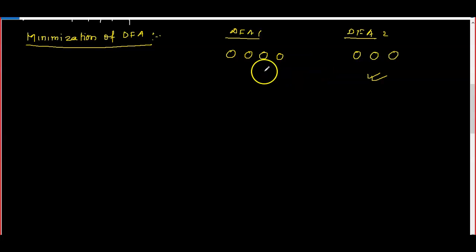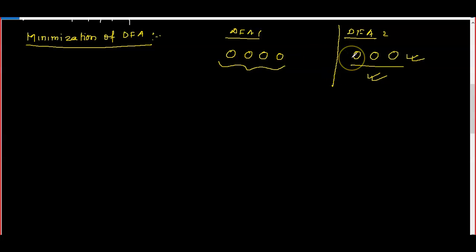Here you have used 4 states, which means this is correct and this is also correct, but this has only 3 states, so this DFA will be more efficient compared to the first DFA. So that's why you have to minimize this DFA. These 4 states are there.